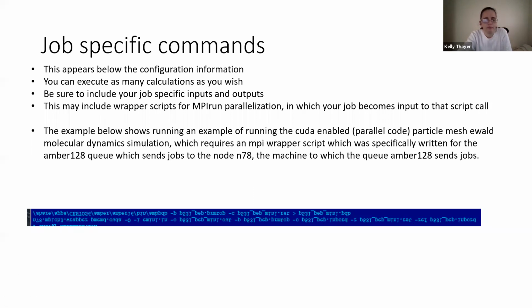If you have MPI run wrapping around this, you would include the MPI run. If you are having inputs and outputs to your particular file, then you're going to have to work out how to configure your inputs and outputs. It's likely you may have multiple flags to show where your input file is. You may have more than one input file, and then you may need to also configure some of your outputs.